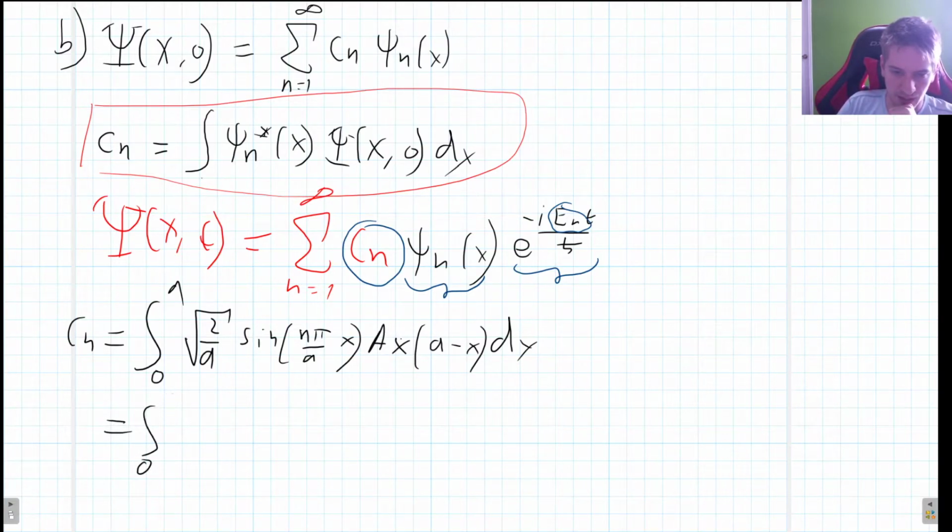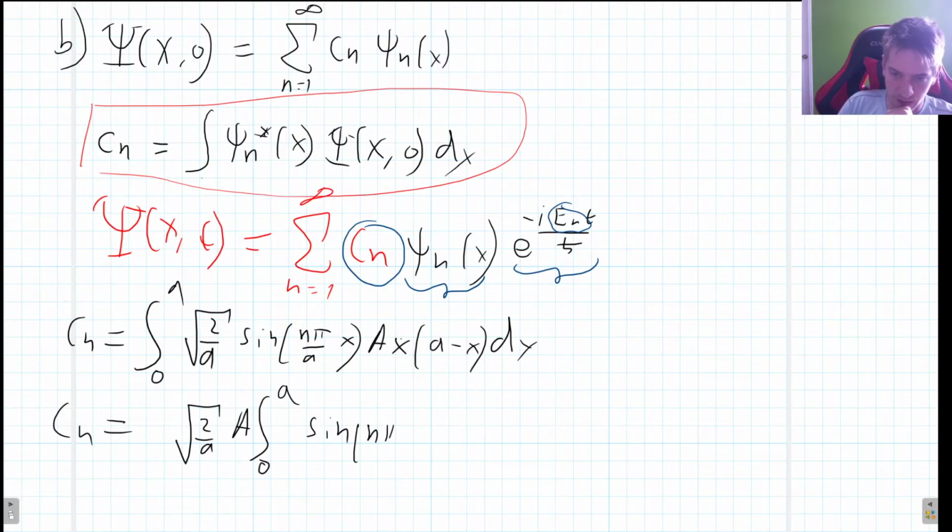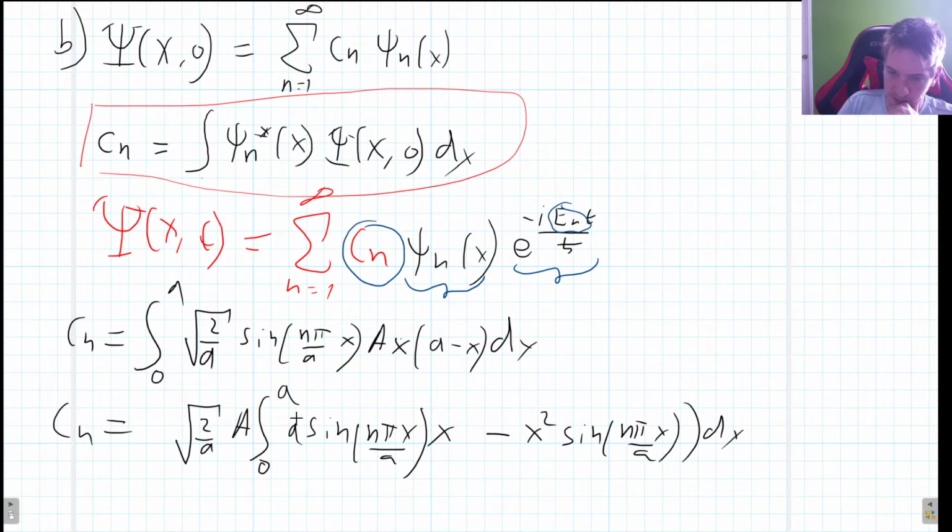Let's multiply this factor here, so we get the integral from 0 to a of the square root of 2 over a times big A. Actually, I'm just going to pull them out of the integral, we don't need to keep them in there. Then 0 to a of sine of n pi x divided by a times (a x minus x squared) times sine of n pi x divided by a, dx.